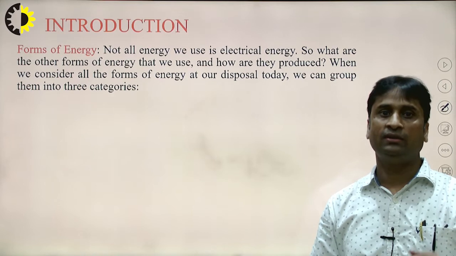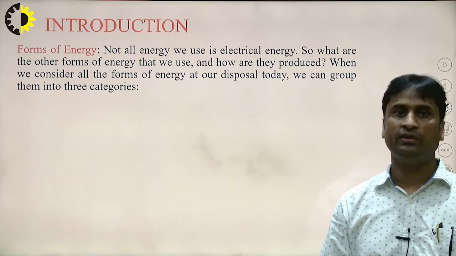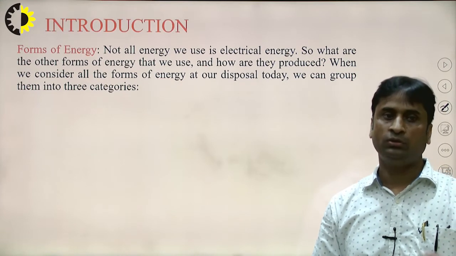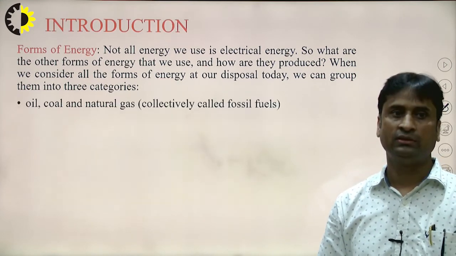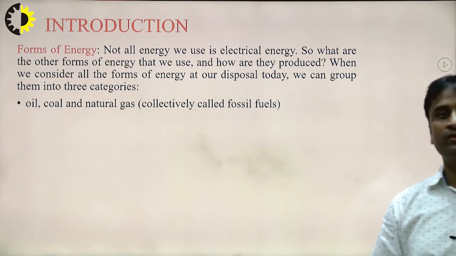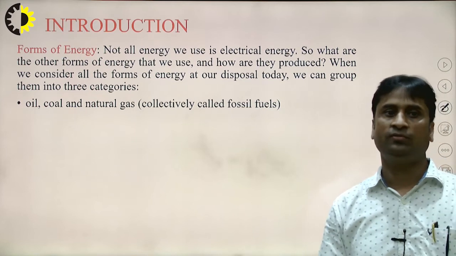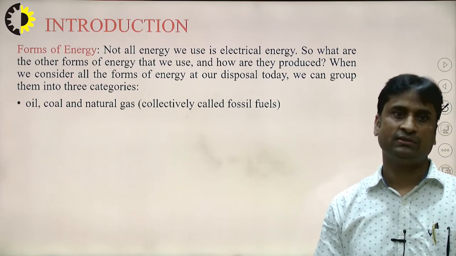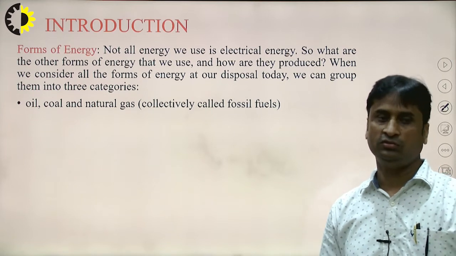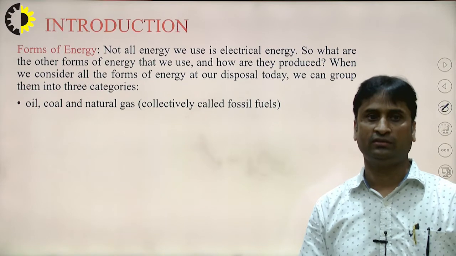When we consider all the forms of energy at our disposal today, we can group them into some categories. What are those categories? Let us see. First, there are forms of energy like oil, coal, and natural gas, which we collectively call fossil fuels. We can see all these things in our surroundings, in nature.